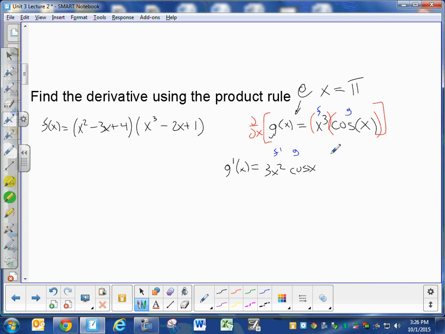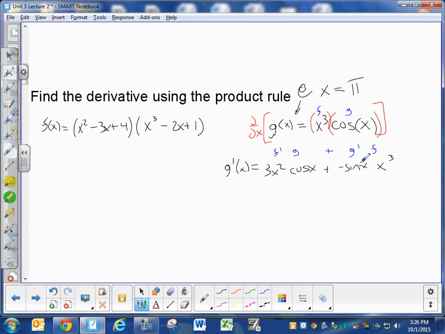plus the derivative of g times f, or the derivative of the first times the second plus the derivative of the second times the first. Okay, and it might be helpful just to put parentheses around this x cubed or to move this x cubed in front of the sine x. That way you know you can't multiply the x cubed by the x.